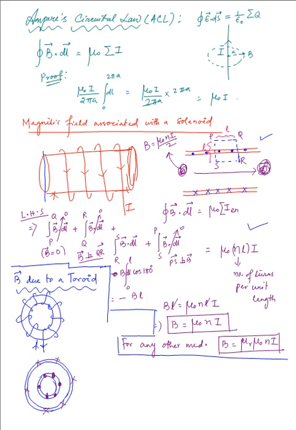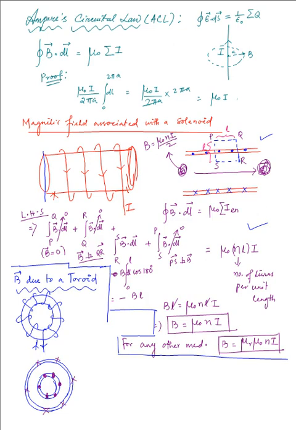The dots indicate the current element coming out, and the cross indicates the current element entering into the tube, or going round the tube, entering into the plane as we see it. I know it's pretty tasking to imagine such things, but I hope with a good physics brain so far you can understand this. Now with this kind of an arrangement, we wish to obtain the magnetic field intensity for sure, and within the toroid, of course.